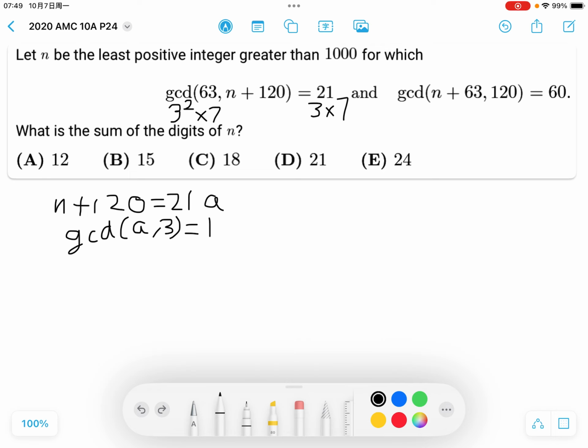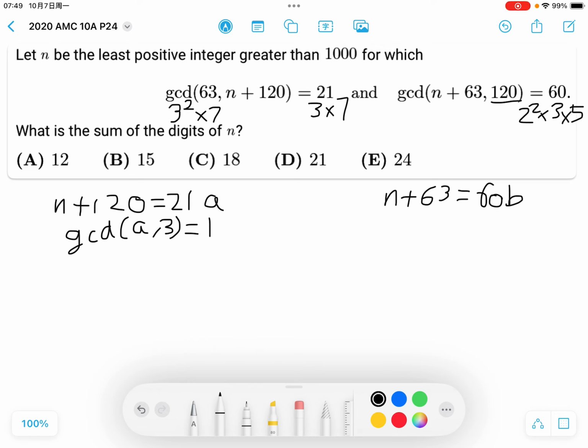And the second thing is we know that 60 is 2 squared times 3 times 5. So this means that n plus 63 is 60 times b, b being an integer.